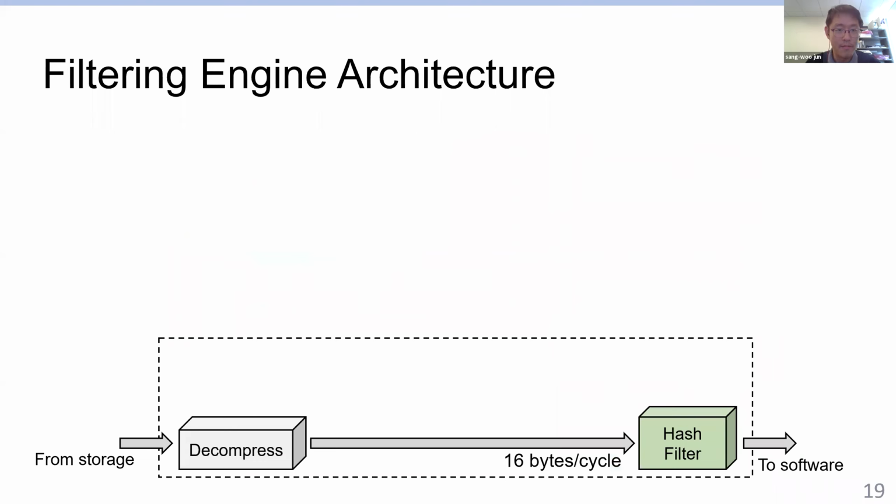The internal architecture of the filtering engine is maybe less important for our purposes right now. Inside each pipeline of the filtering engine, we have a decompressor unit. We store the data in a compressed format, and we came up with an FPGA-optimized string compression algorithm, but we won't have time to go into this right now. After the decompressor, we have the hash filter that we talked about in the previous slide.